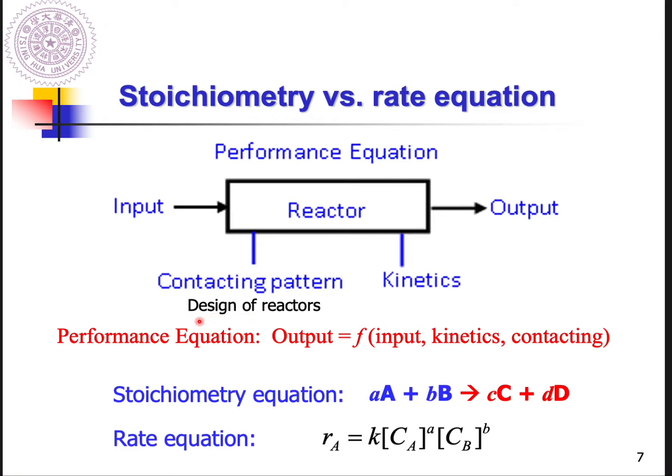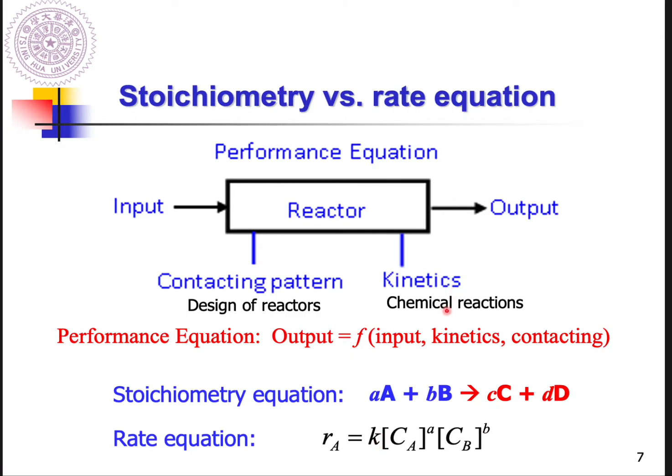By designing different types of reactors, you can change the contacting patterns. And kinetics is about what chemical reaction you choose, which will affect the rate constant, the energy barrier, the activation energy, right?